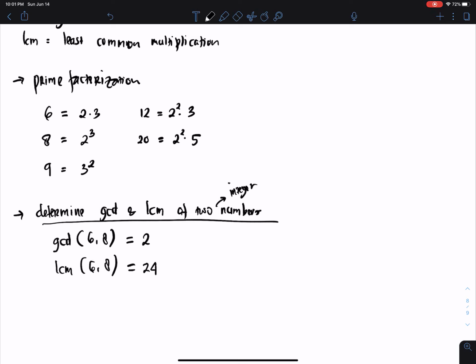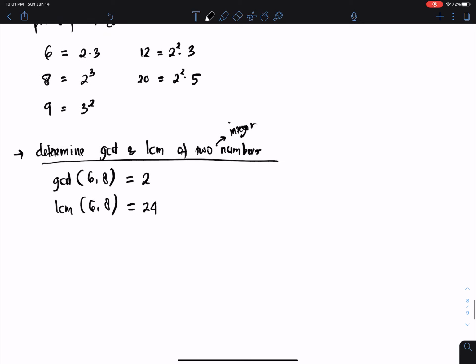So how can we make use of prime factorization to answer these questions? We write down for 6 the prime factorization 2 times 3, while for 8 that will be 2 to the power of 3.